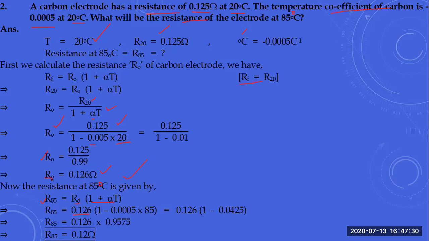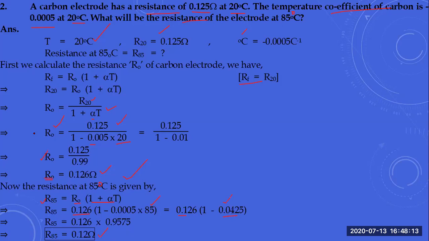Putting in the coefficient of resistance and the temperature, now 85, multiplying 85 with 0.005 you get 0.0425. Multiplying outside the bracket, the resistance of the conductor at 85 is 0.12 ohm. So this was required to calculate.